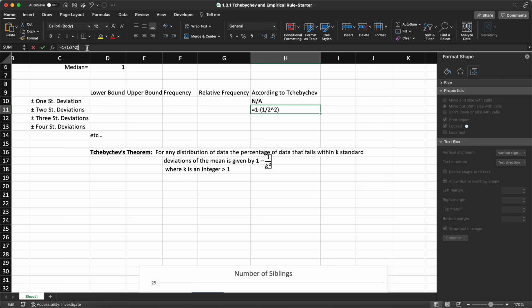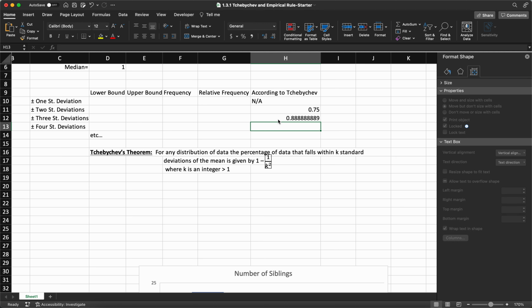Okay? Now let's just double check and make sure that this formula was created properly. I'm going to put an extra set of parentheses right here so that I know that it's 1 minus 1/4, but I know that's definitely 0.75. If we were 3 standard deviations away from the mean, this would be 1 minus 1 over 3 squared, which gives me about 89%.